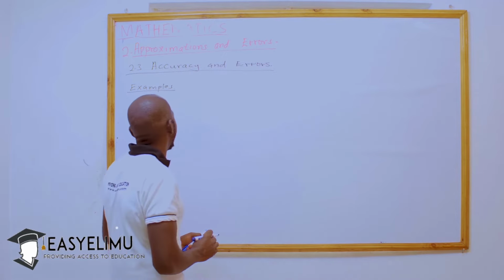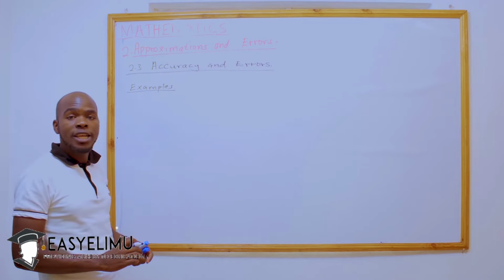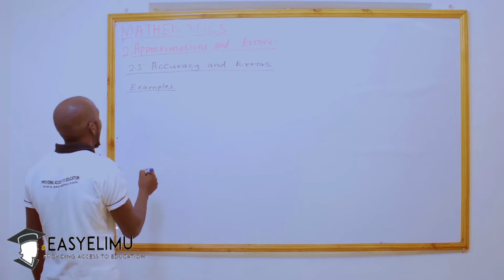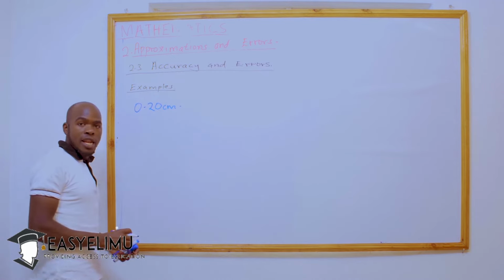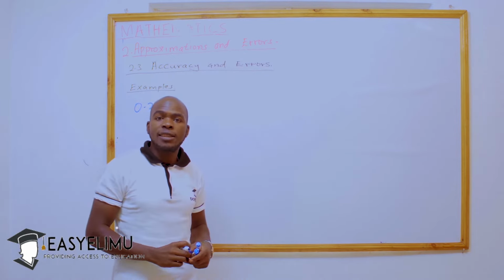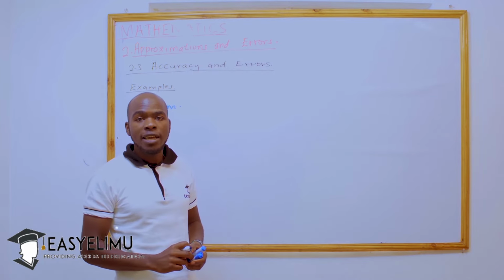Let's now see another example where we have been told the thickness of a coin is stated as 0.20 centimeter. The question asks us to calculate the percentage error.